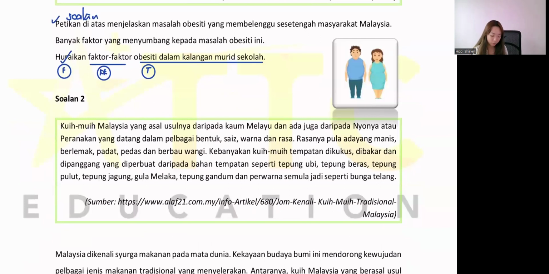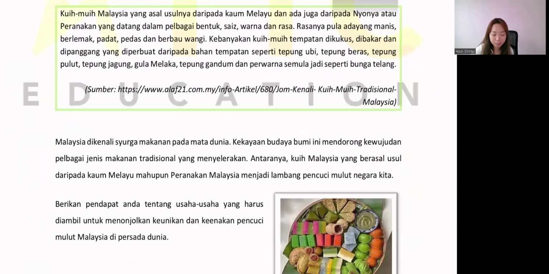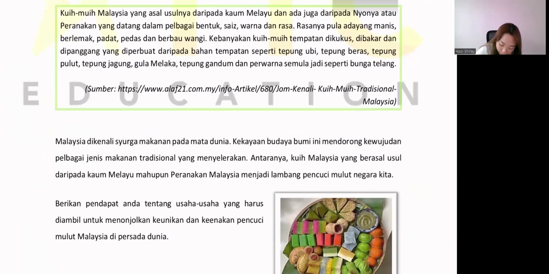Okay. Then by looking at the second question, this is the last one for the karangan. Malaysia dikenali sugar. Sugar, it means what? It means a heaven, makanan pada mata dunia, kekayaan budaya bumi, mendorong kewujudan pelbagai jenis makanan tradisional. Antaranya kuih Malaysia yang berasal usul daripada kaum Melayu ataupun apa?